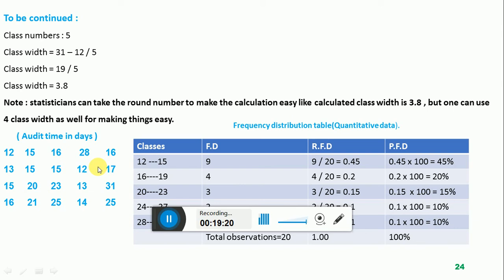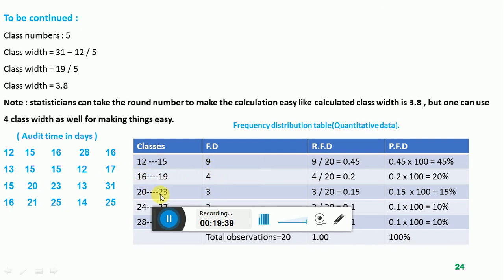It means in the raw data set we have 4 data items which are greater than or equal to 16 and less than or equal to 19. We put this as the frequency of the second class.